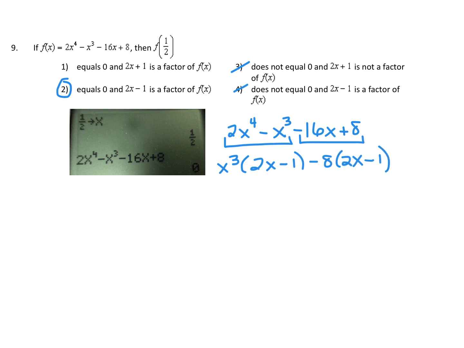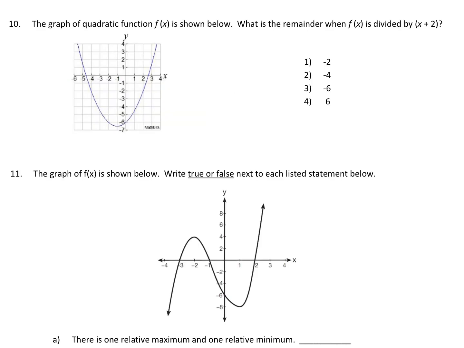So you could clearly see right here, 2x minus 1 is going to be one of our factors, because when we group together the x cubed minus 8 and rewrite this common binomial, we could see 2x minus 1 is one of the factors. So that's it. That's all you have to do. So choice 2 would be the answer.